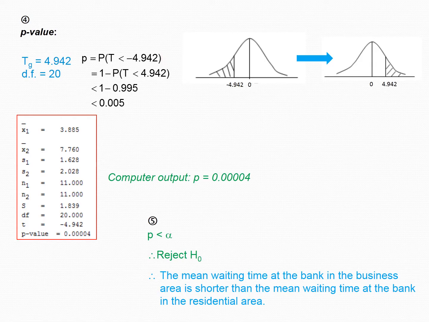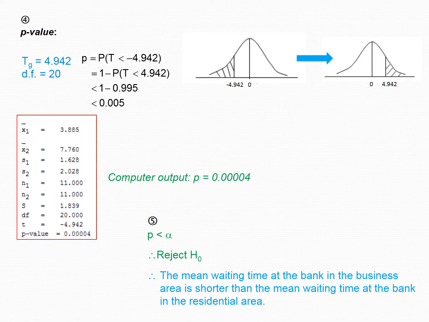But I don't have a negative t table, so we can rewrite that as the probability that t is greater than 4.942. Since that area and that area will be the same under the curve, since our area under the curve is symmetrical.